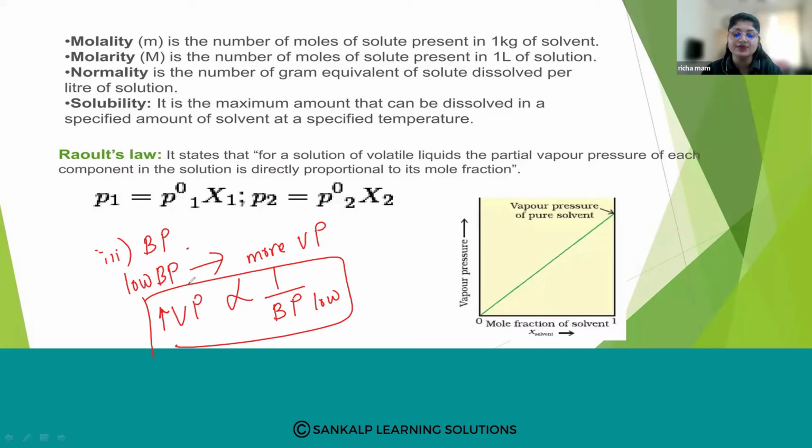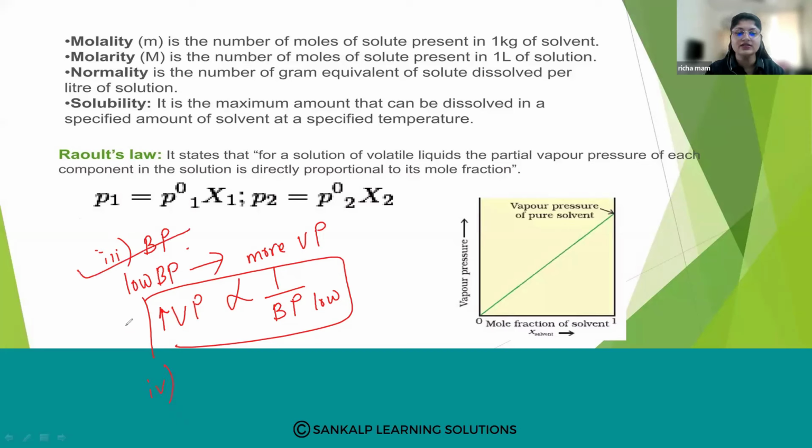The lower the boiling point, the higher the vapor pressure. As you know, a low boiling point liquid can be easily converted into gaseous form. Vapors are more, so vapor pressure will be high. So this is the third point.